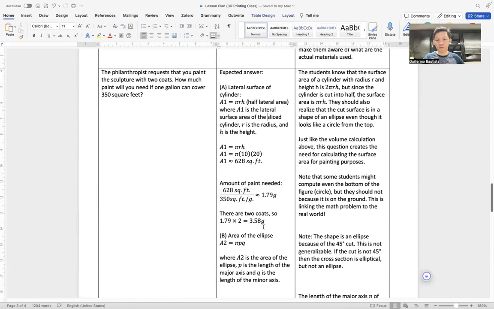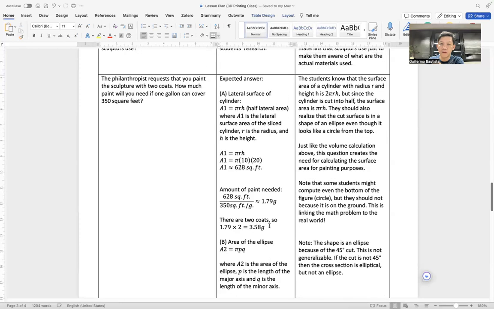And since we need 2 coats, we assume that we use the same amount, but of course, in reality, it's probably less. So these are the nitty-gritty of the discussions when you discuss them with students. So 1.79 times 2 is 3.58.